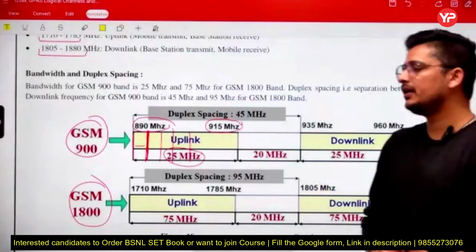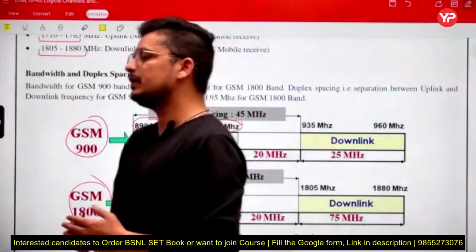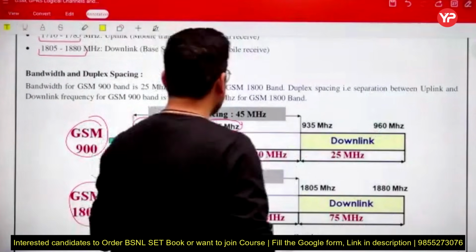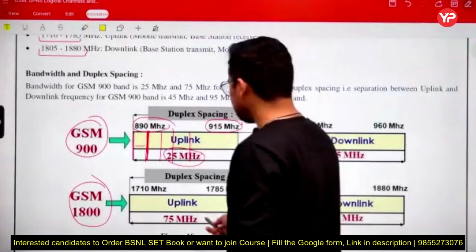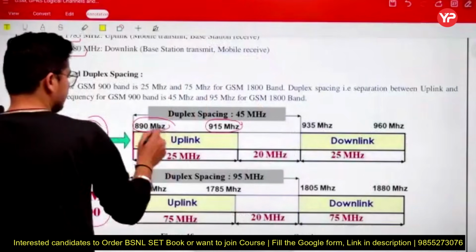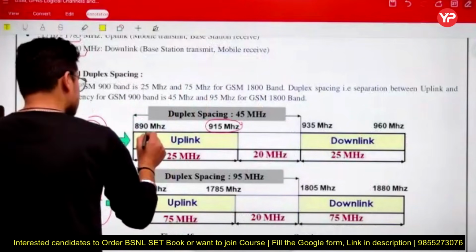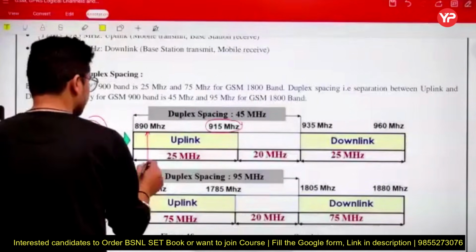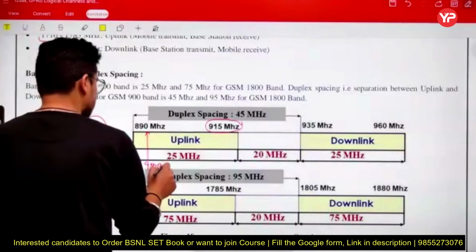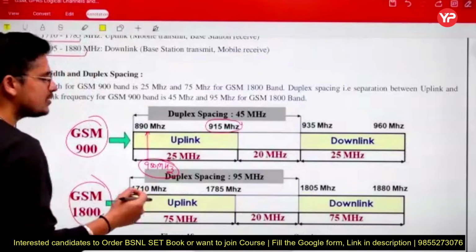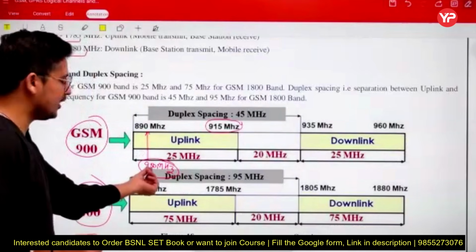But there should be a spacing between uplink frequency and downlink frequency. Let us take an example to understand this. Suppose one user is transmitting at a frequency of 900 megahertz, the carrier signal for that user.